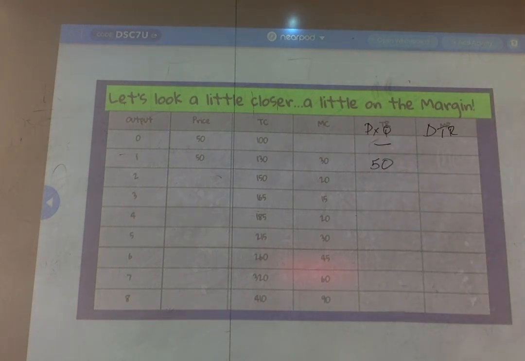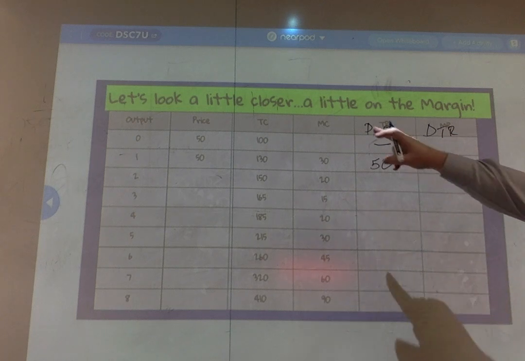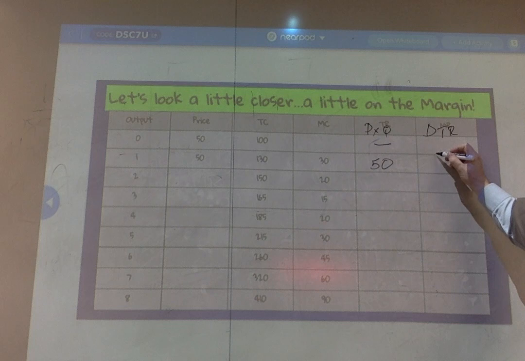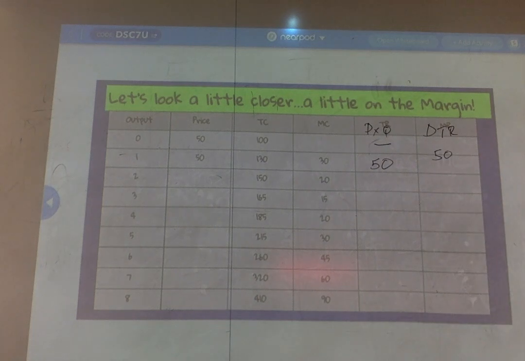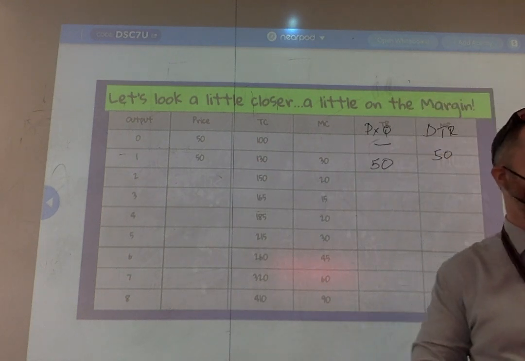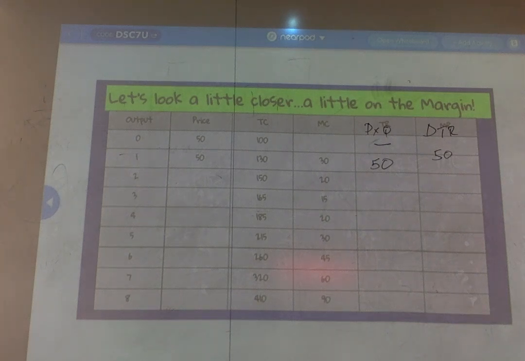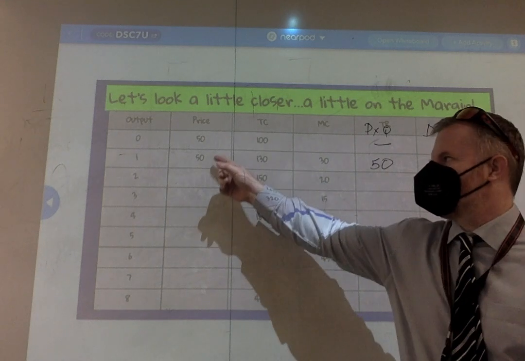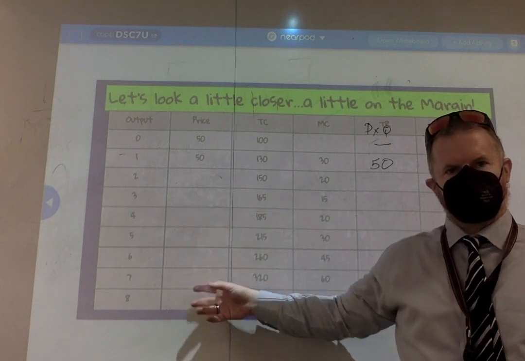Then let's work out the change from here to here. So from here to here, 50. Yeah, with me so far? Right. Now the price hasn't changed here, so what assumption do we make? If the price hasn't changed, what assumption would we make?